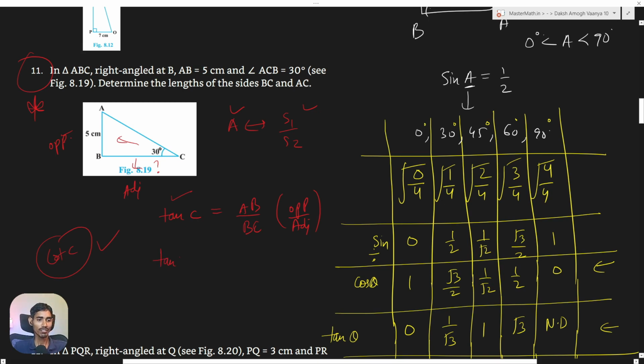Now tan of 30 is equal to AB, which is 5, divided by BC, which is unknown. So what is tan 30, everyone? Just look at the table. Zubair, tell me, what is the tan 30 value?